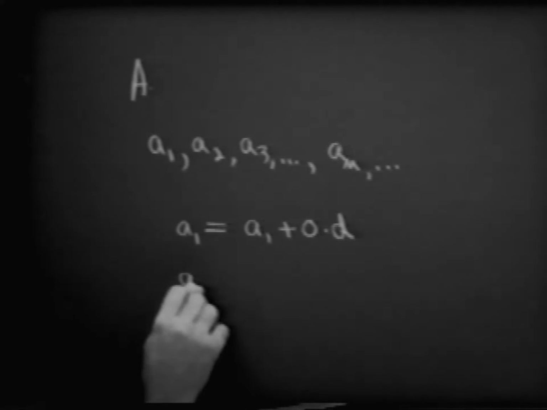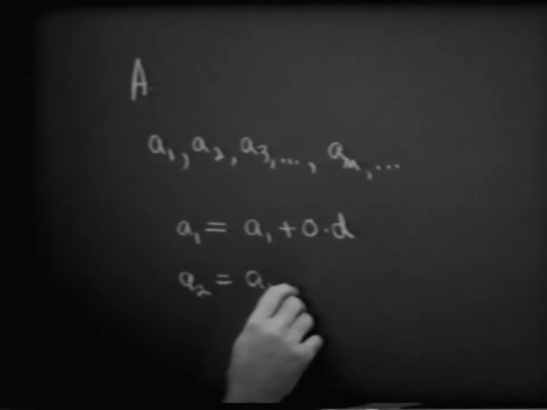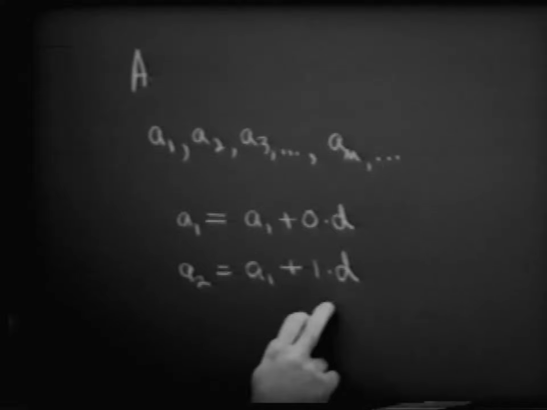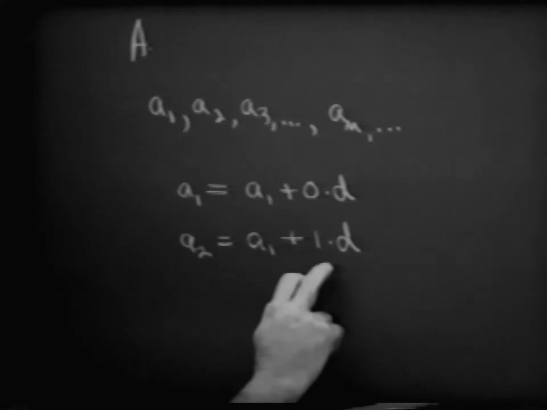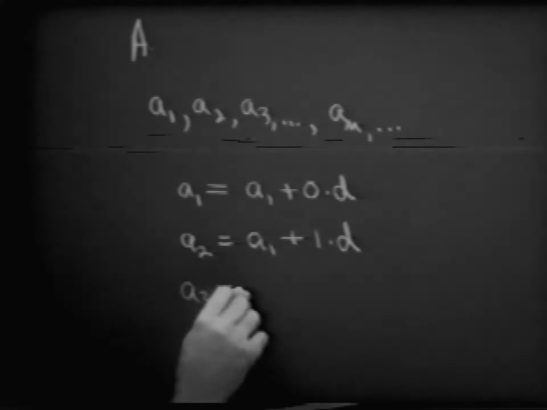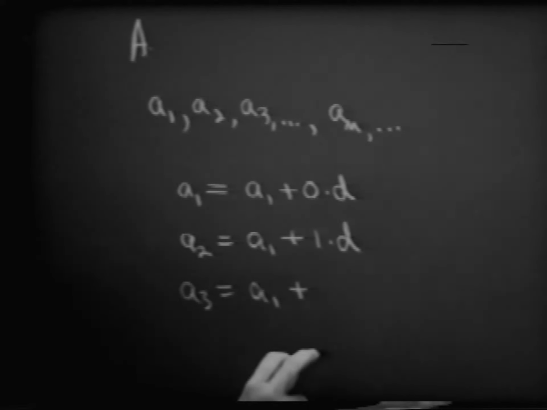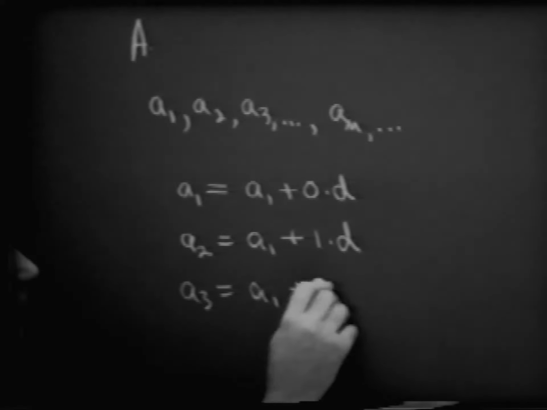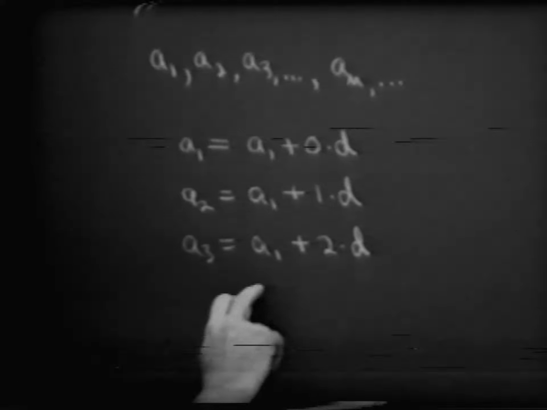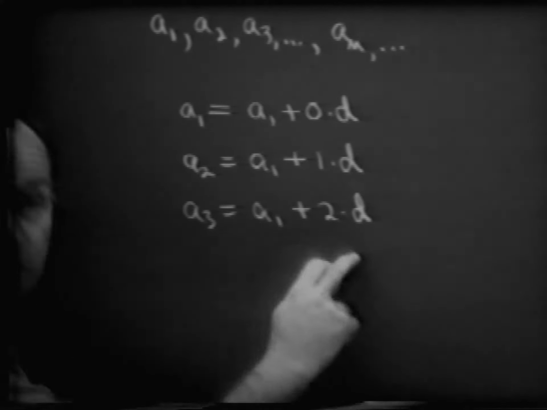Now a sub 2 is the first term plus 1 times d, in which we are adding this common difference d to the first term. Then a sub 3 is the first term plus 2 times d. We could also have written it as a sub 2 plus 1d.